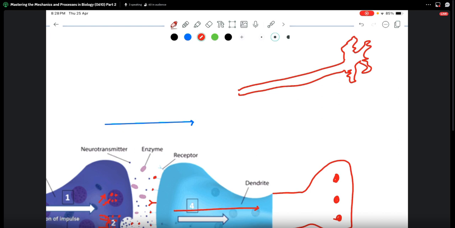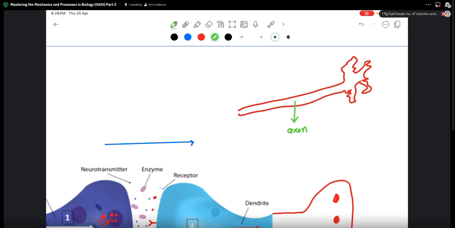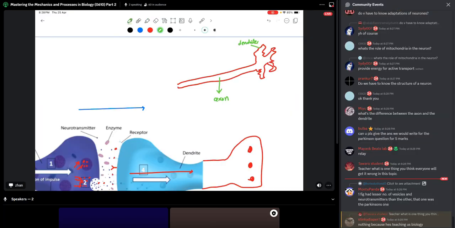I randomly draw. Okay, this is the axon. This wavy-looking shape, looking like branches, these are the dendrites. Okay, this is very simple.